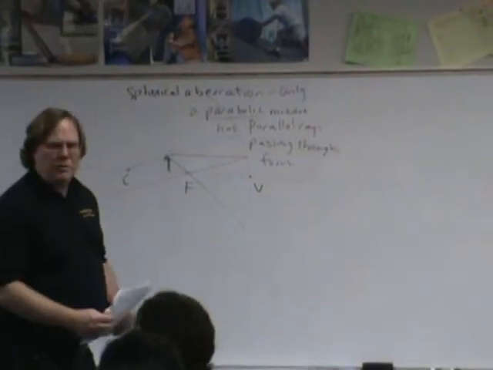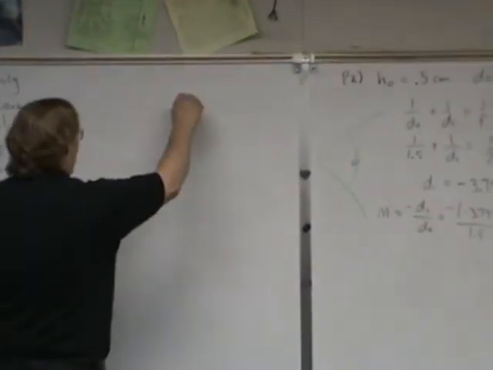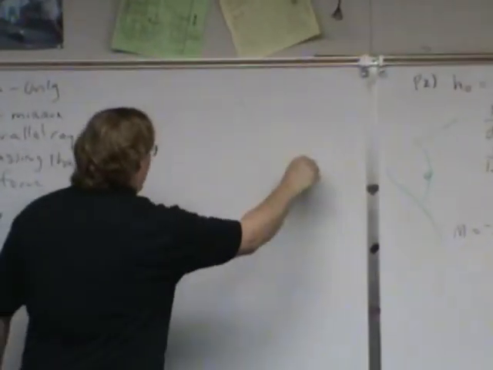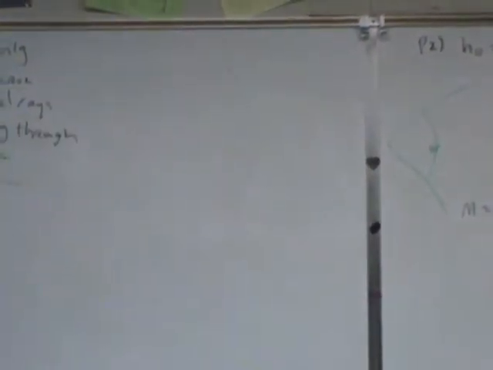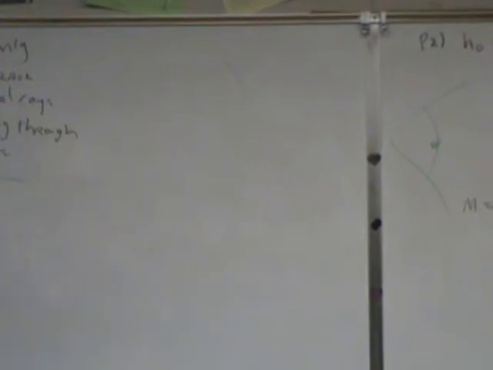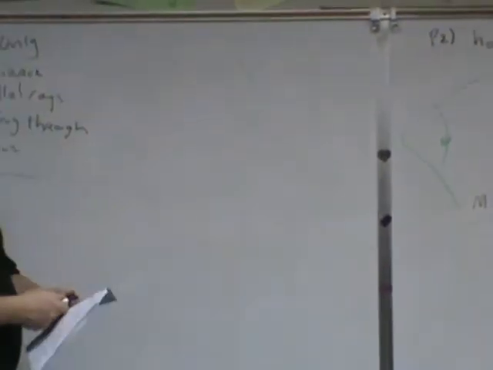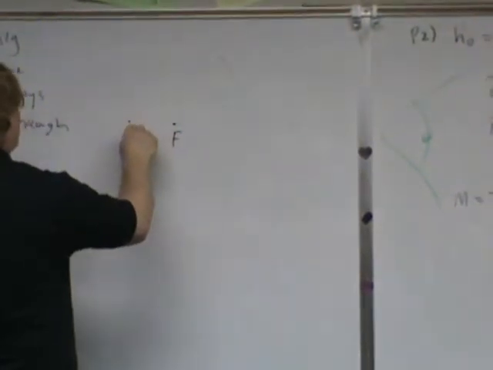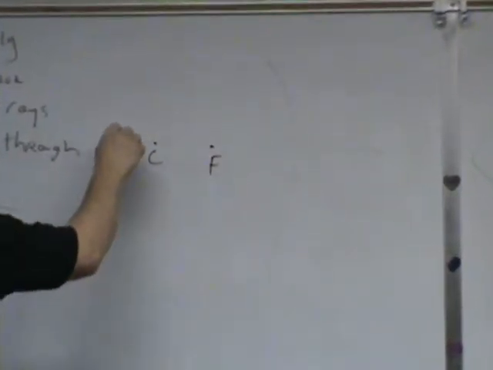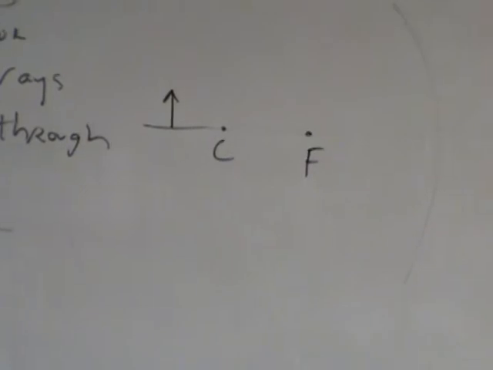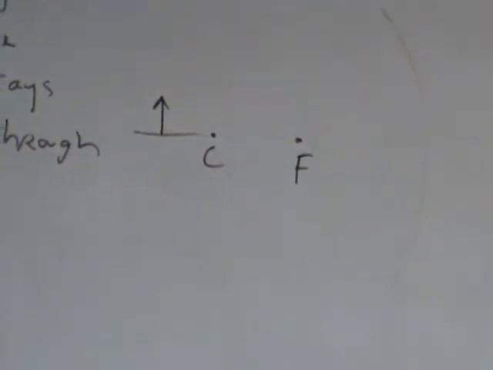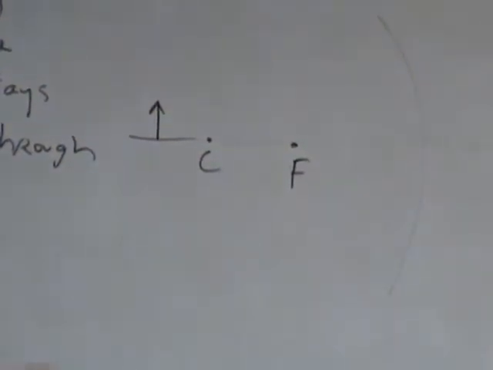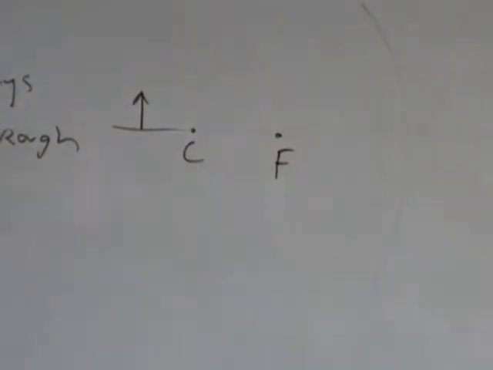Because I want to remind you, we've done 3 ray drawings, right? We did one drawing where the object was to the left of the center, where the object distance was greater than the center of curvature.